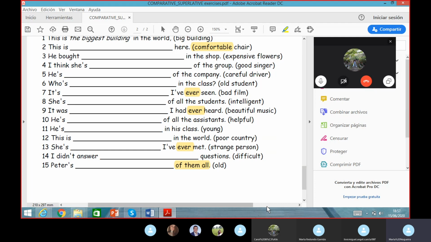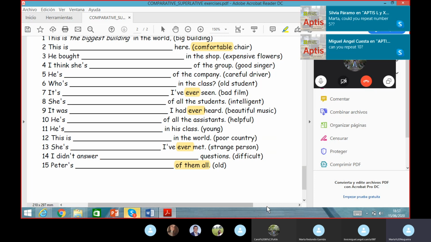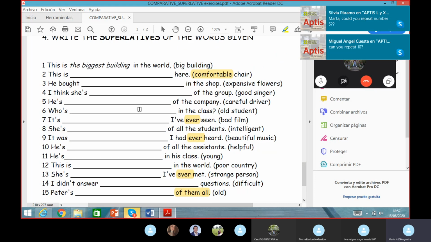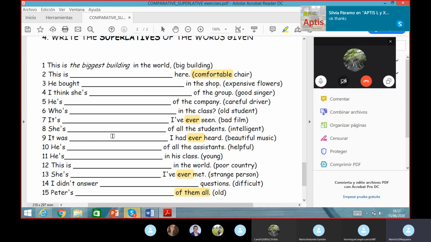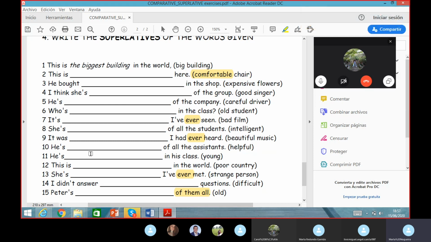Number 5, 10, okay. 5 is the most careful driver. El conductor más cuidadoso. You're very welcome, Silvia. And 10 was he's the most helpful.